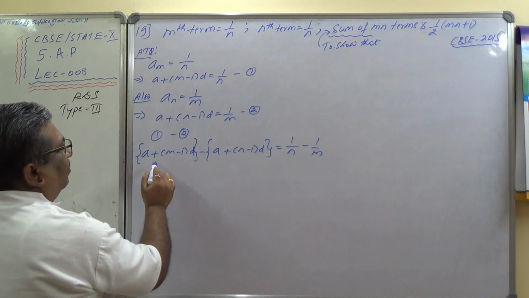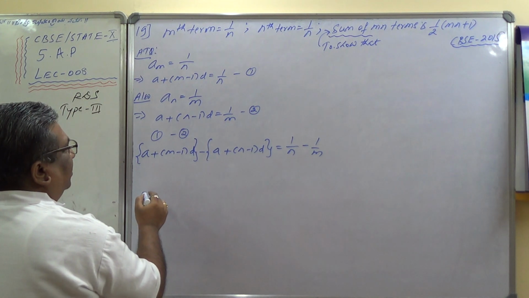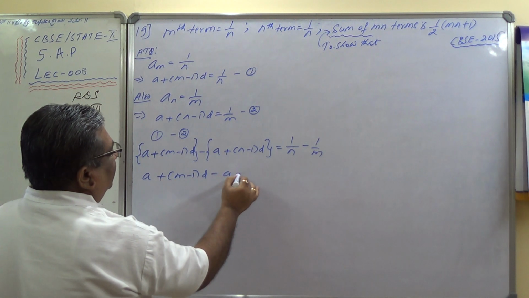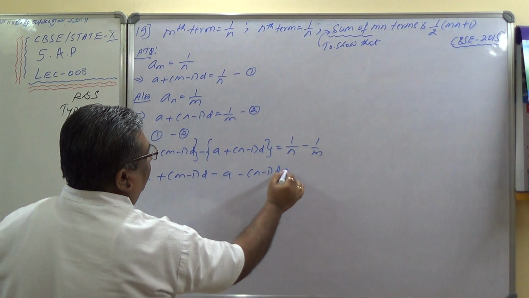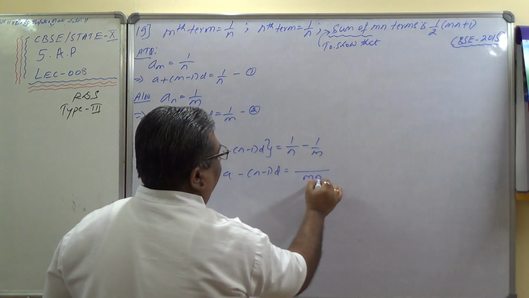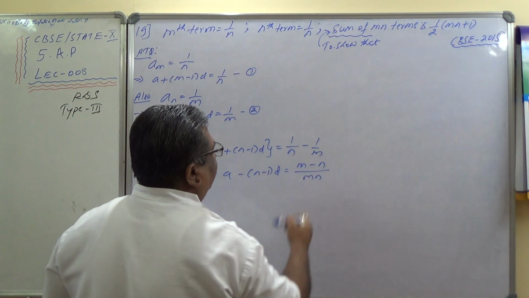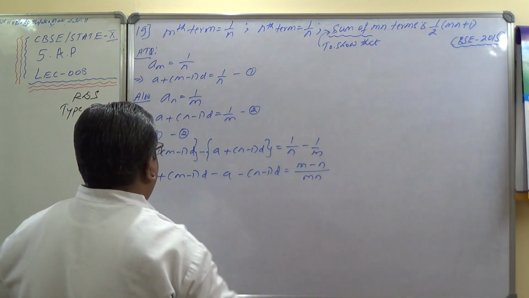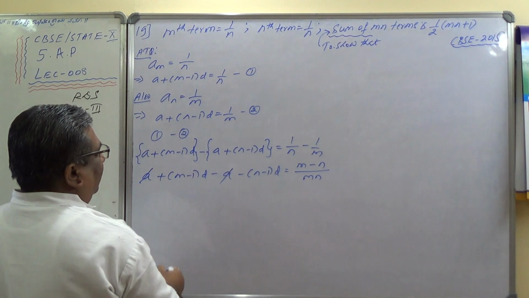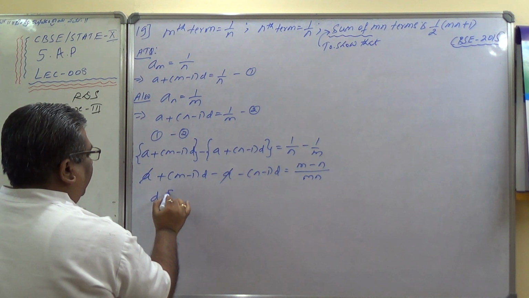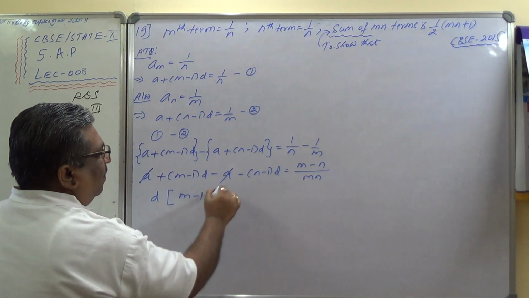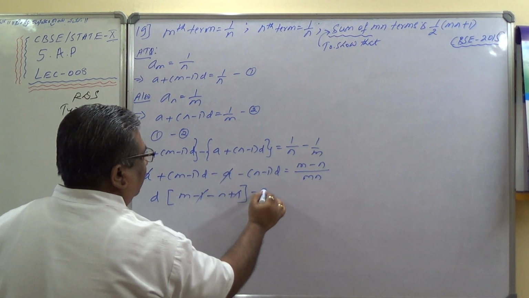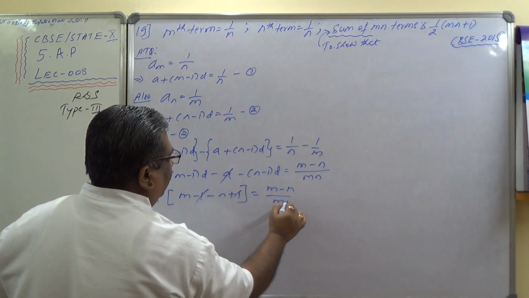So let's see here, we'll have to open this bracket and then check it. Okay, A plus m minus 1 D minus A minus n minus 1 into D equals m minus n by mn. Correct? mn is the LCM, n cancels, m remains. So now A minus A cancels, take D into bracket m minus 1 minus n plus 1. So this will cancel, m minus n by mn.